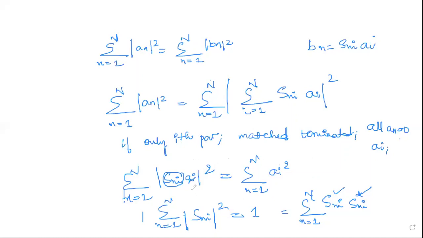If you split the equation, the Ai terms are common on the left-hand side and the right-hand side, so they get cancelled. You will have the summation n equals 1 to n of the magnitude of Sni squared, which is equal to 1. This equation can also be written as Sni times Sni star, the complex conjugate, inside the magnitude, which is also equal to 1. Is there any confusion?